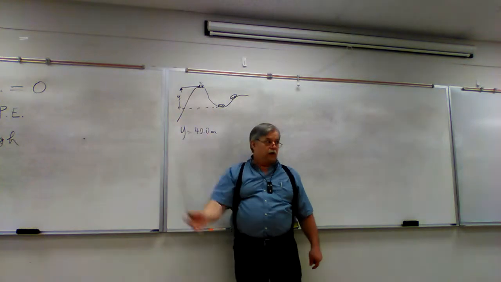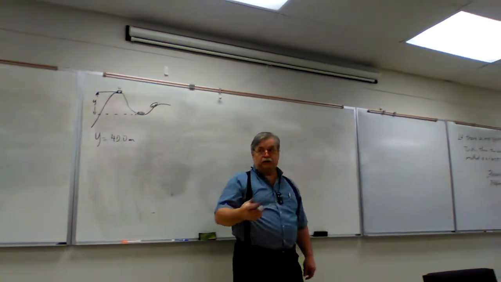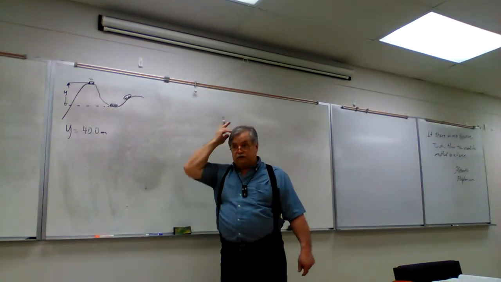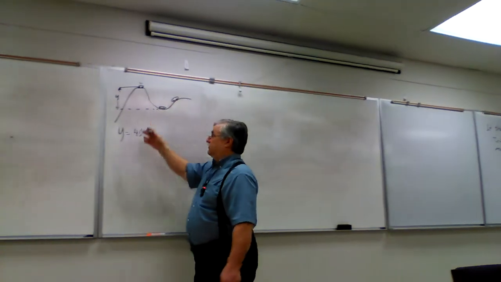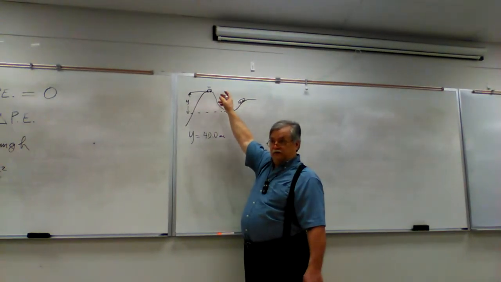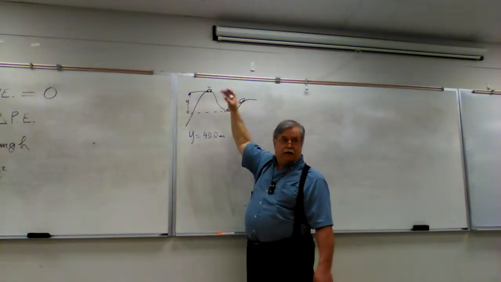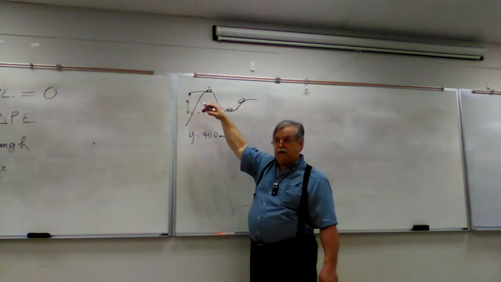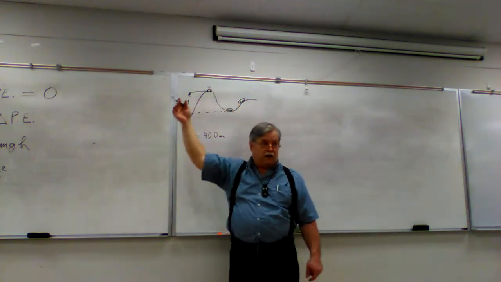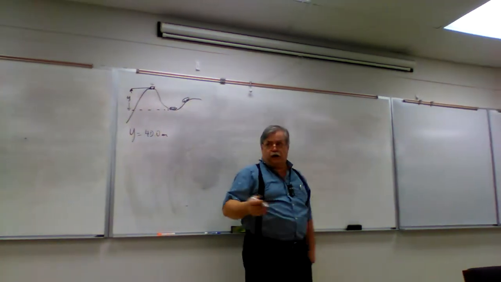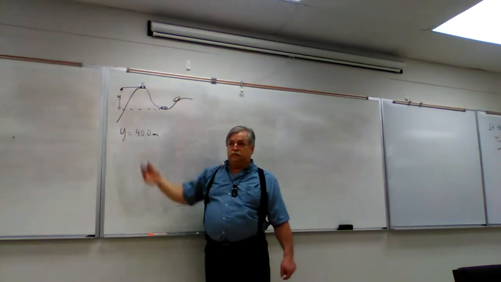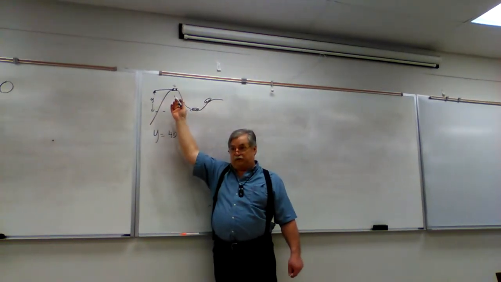And as long as we're dealing with strictly conservative forces, which is a way of saying as long as we ignore the friction between the car and the track, and the drag between the air and the cart, then it doesn't matter what its initial velocity is.